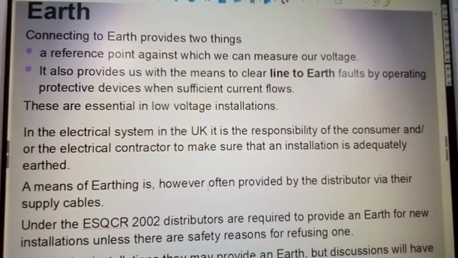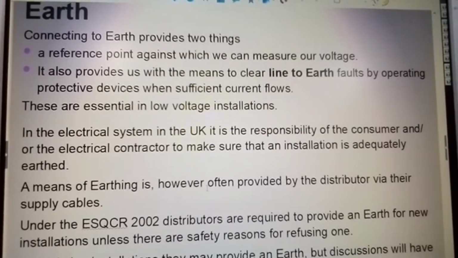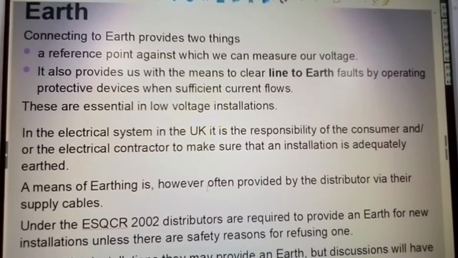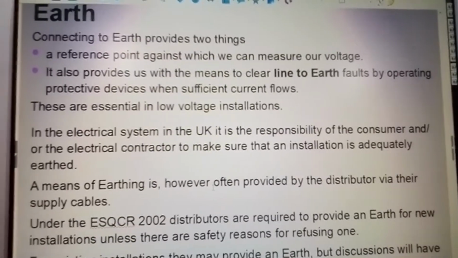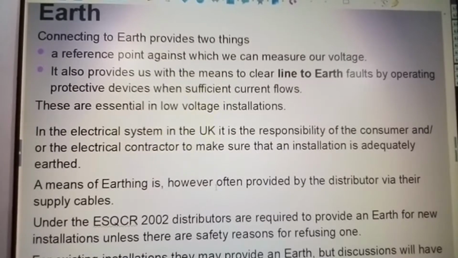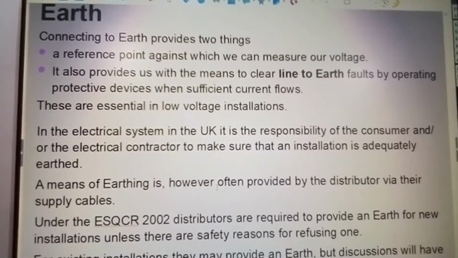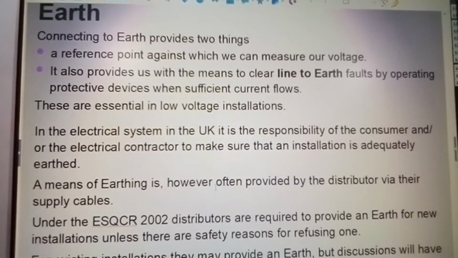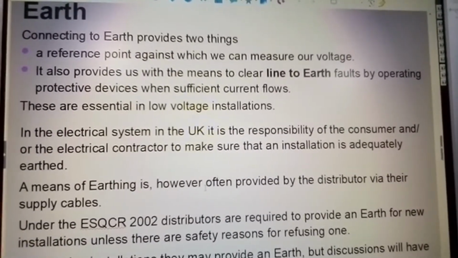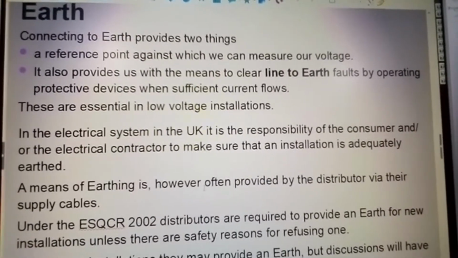ESQCR 2002: distributors are required to provide an earth for new installations unless there are safety reasons for refusing one. For existing installations, they may provide an earth, but discussions will have to take place with the local distributor. But as we know, an earth normally comes in with your supply anyway.